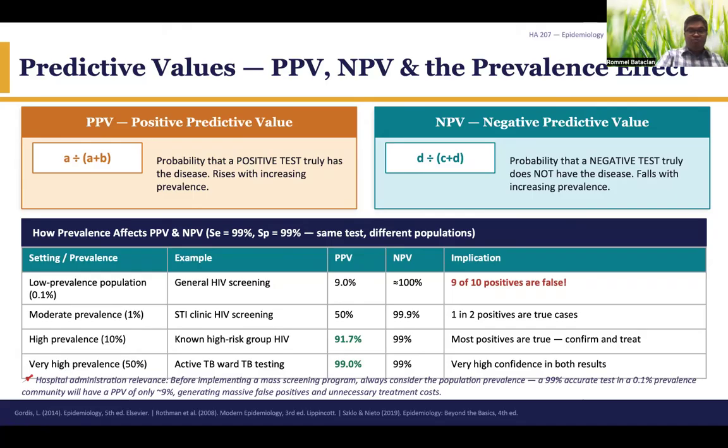So it has a good negative predictive value because you're sure that a negative test means the patient doesn't have HIV. But the problem lies with the positive predictive value because of its relatively low number, 9%. That means 91 of 100 positives are false, and that is relatively high.